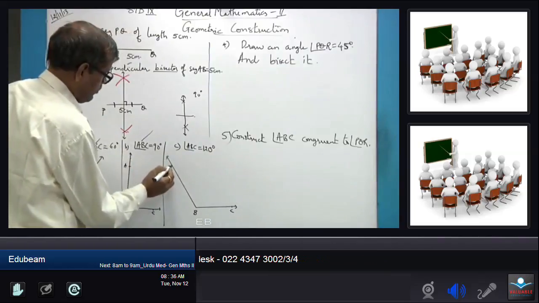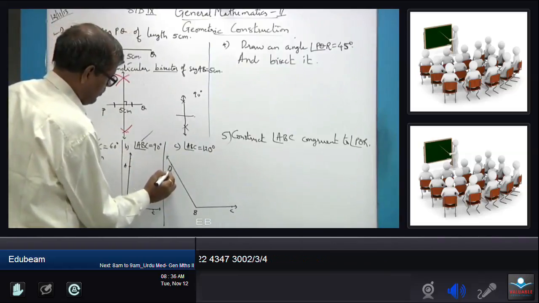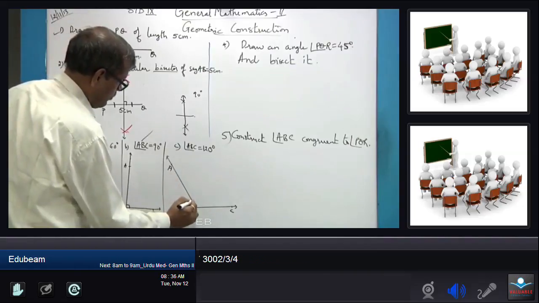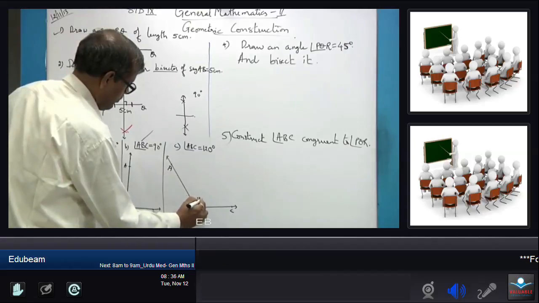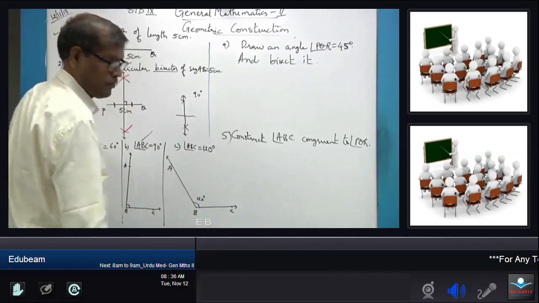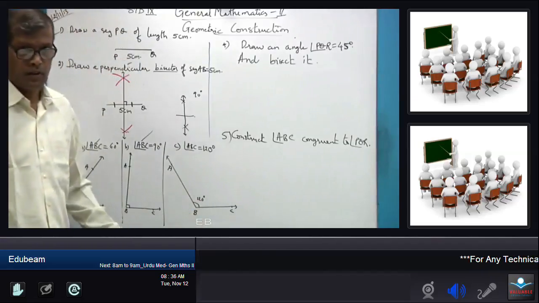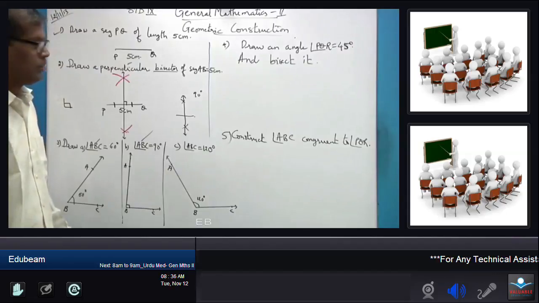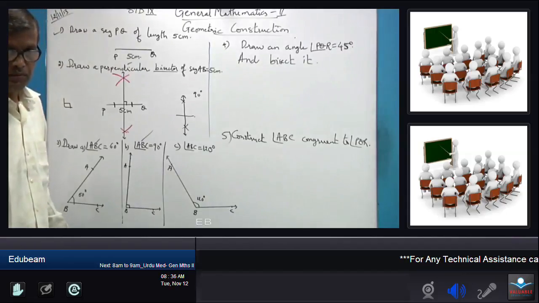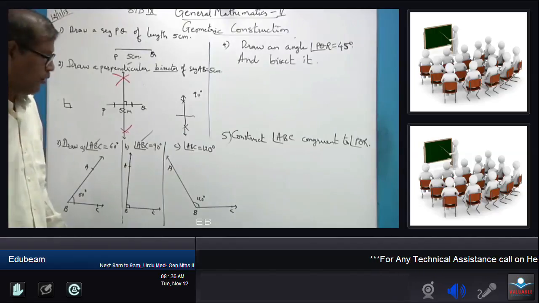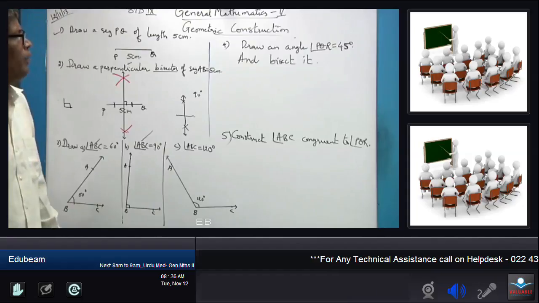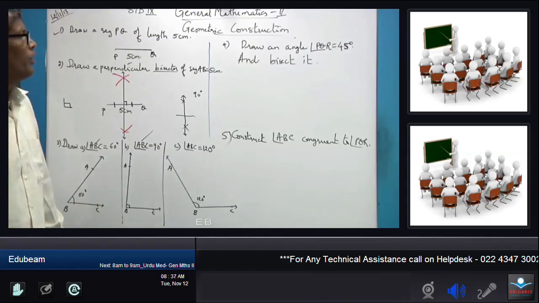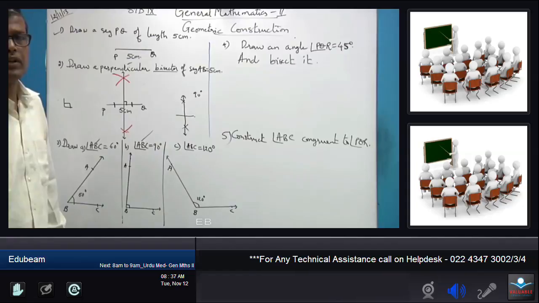A ray you get. The name is not given to the ray, so you're going to keep a point on top of it, not very close to the arc, and you name this as X, and ray XQ, ray QX is the bisector.